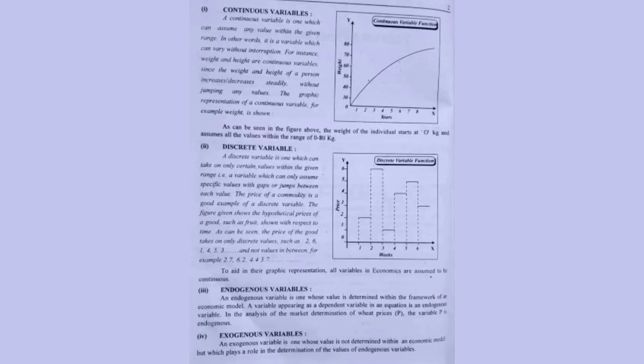As can be seen, the price of a good takes on only the discrete values, such as price is equal to 2, price is 6, price is 1, 4, 5, or 3. And not the values between, for example, 2 and 7, 6 and 2, or the price 4.4 or 3.7. It is illogical. So the logical price is actually 1, 2, 3, that is countable.